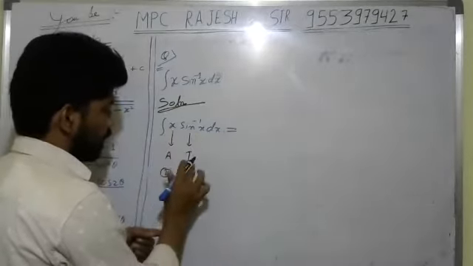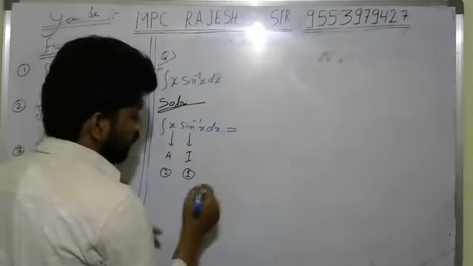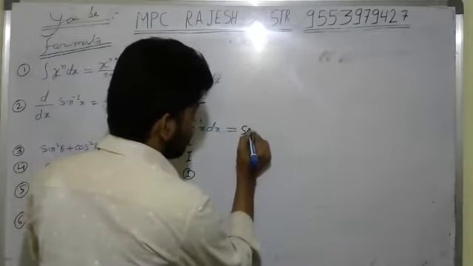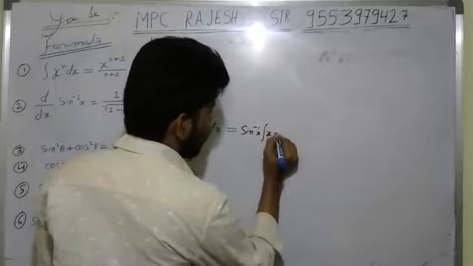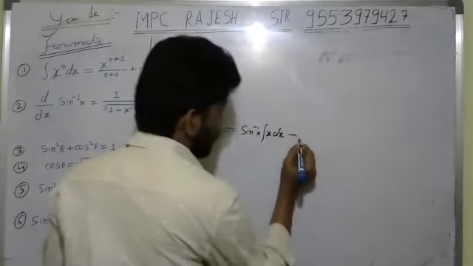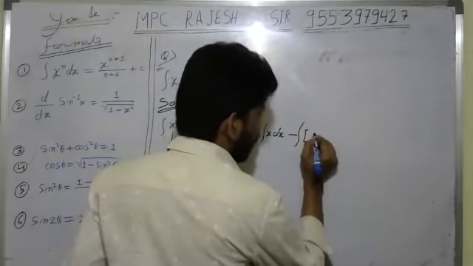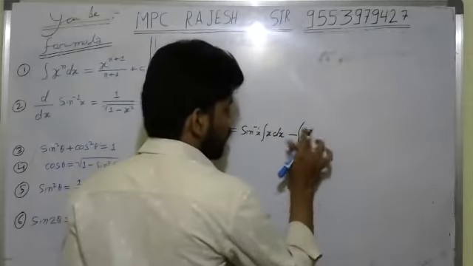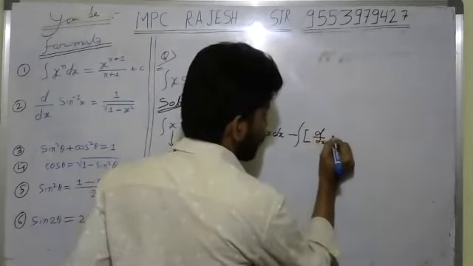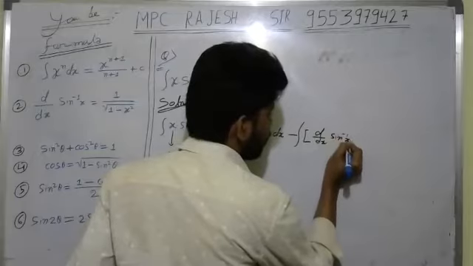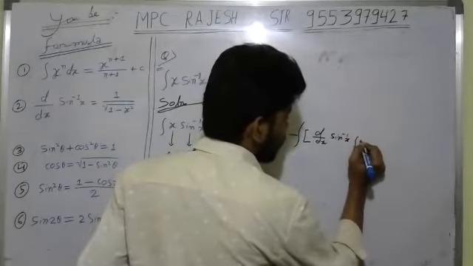I for inverse trigonometry. So now we write: first function as it is, integrate the second function, minus integration of differentiate the first function into integrate the second function.